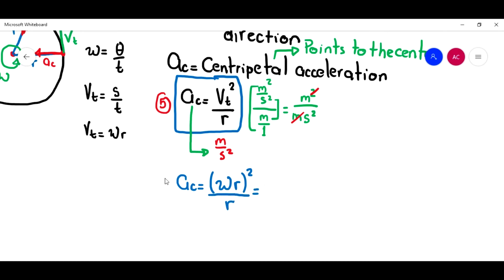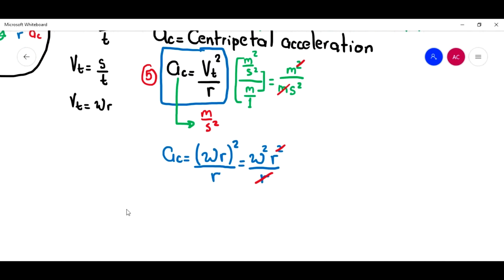So it's going to be w squared times radius squared over radius. I'm going to cancel this with this. So the next equation for centripetal acceleration will be angular velocity raised to the square times the radius. And the units are going to be exactly the same, meters per second square. So I'm going to circle this one, and I'm going to say that this is my sixth equation.